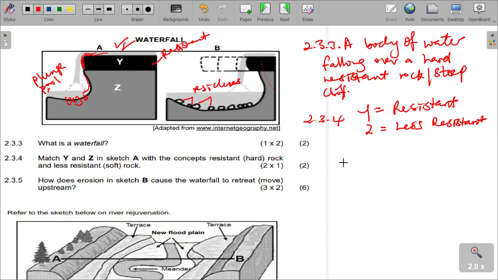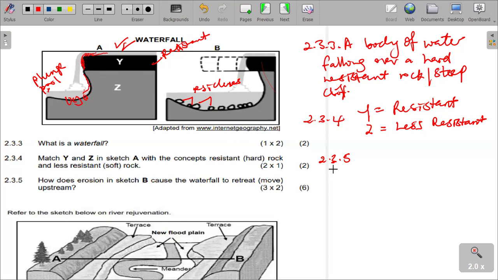Question 2.3.5. How does erosion in sketch B cause the waterfall to retreat or move upstream? In this case, we need to understand how erosion causes a waterfall to retreat.